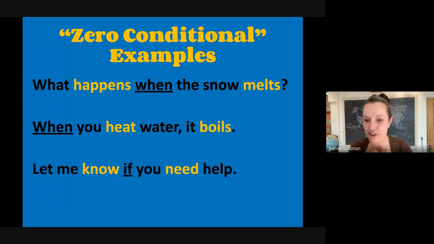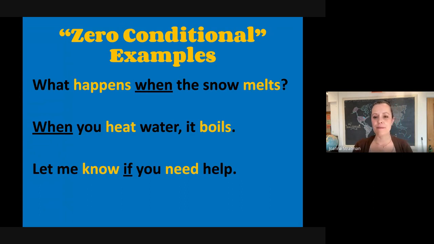You should never hesitate. So if you need help, the next action, the result, is for you to ask me, for you to let me know. So here is another example of the zero conditional. Let me know if you need help.